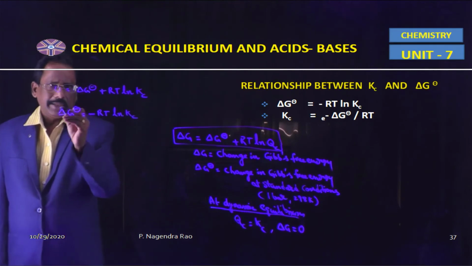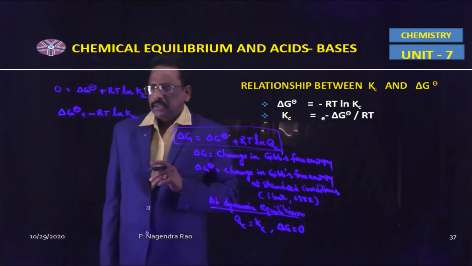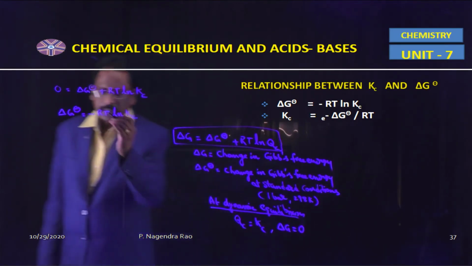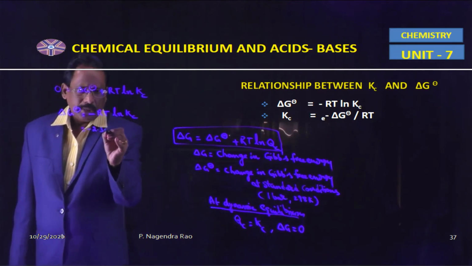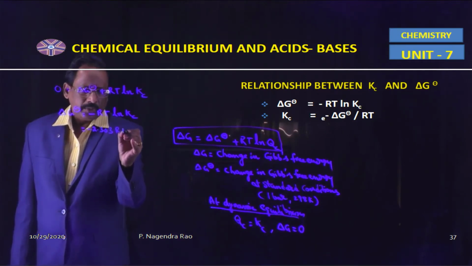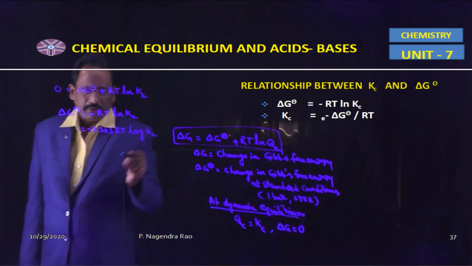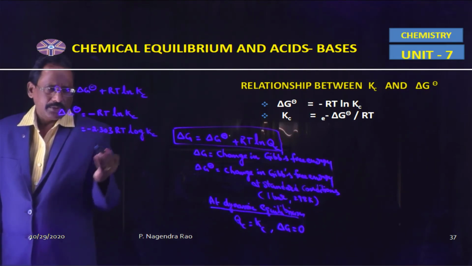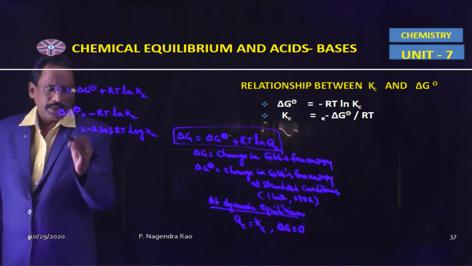So this is the relationship between Kc and the change in Gibbs free energy at standard conditions. This is also equal to minus 2.303 RT log Kc. If you want to convert natural logarithm into log to the base 10, multiply with 2.303, so both are correct.